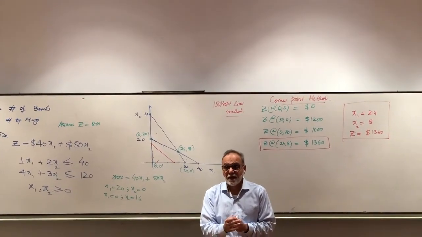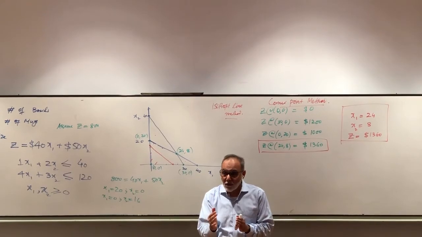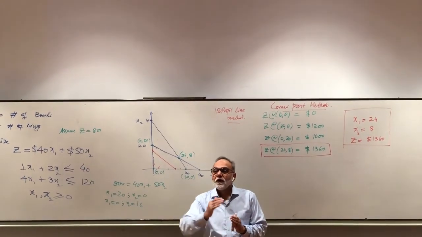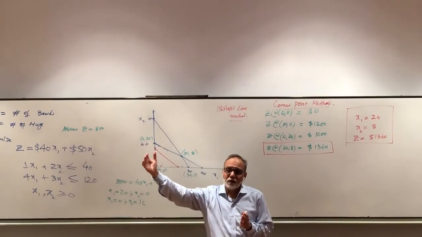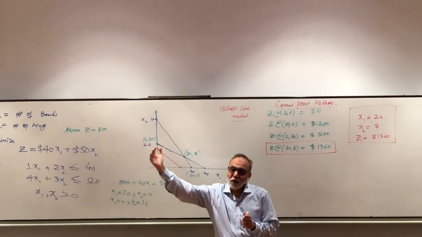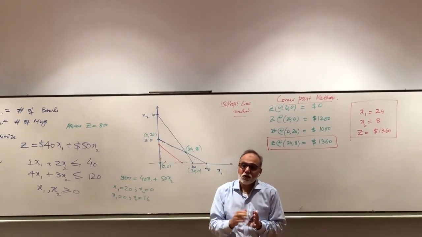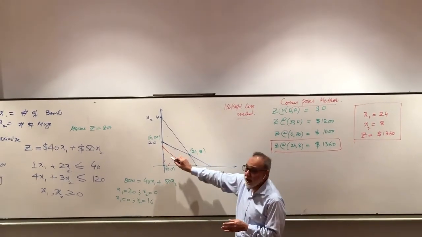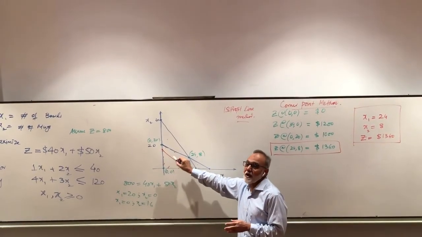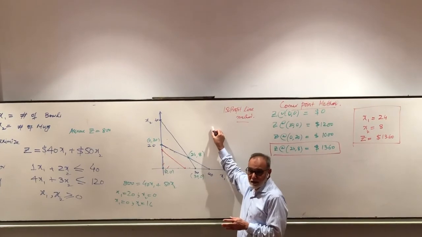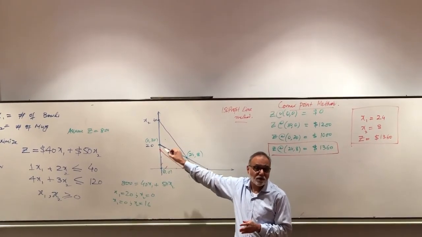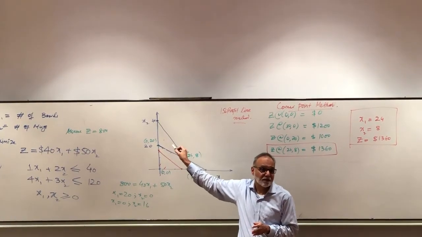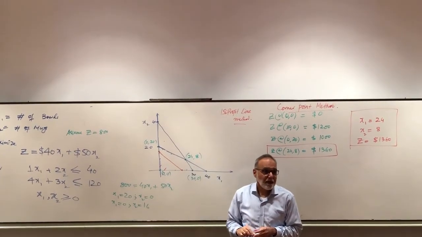Please listen: maximizing profit, move away from the origin; minimizing cost, move towards the origin. So once you have drawn this line, you move away from the origin, and the last point hit in the feasible region is your solution point.